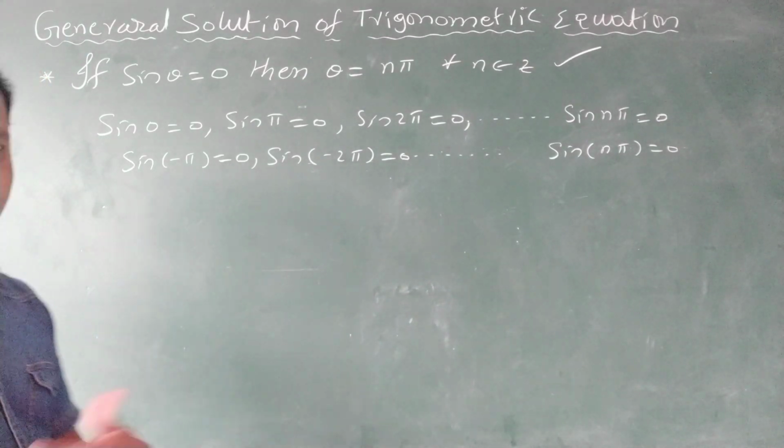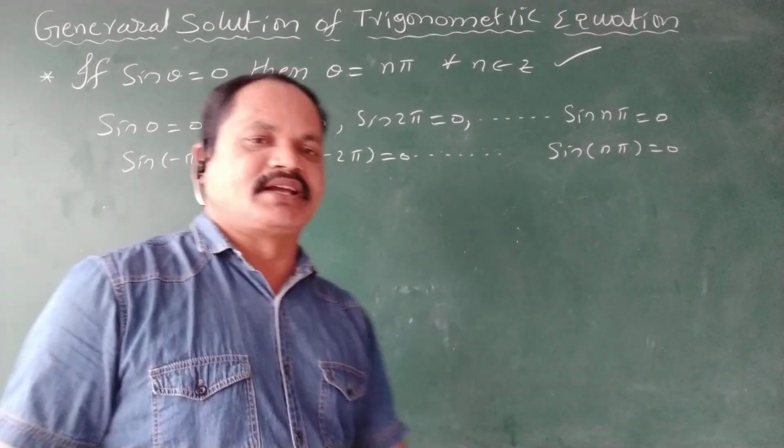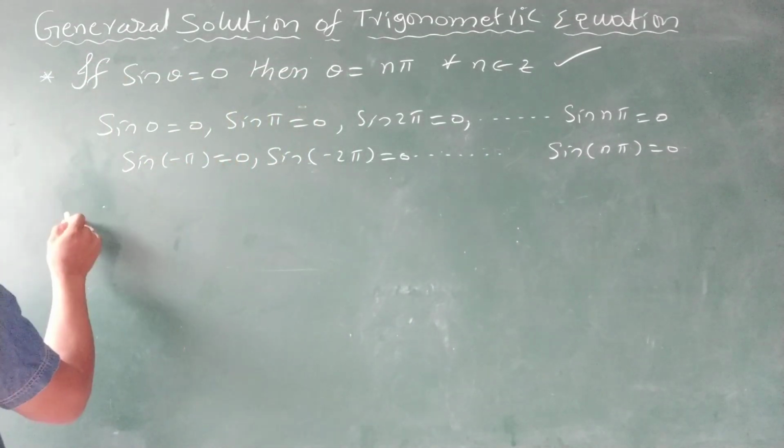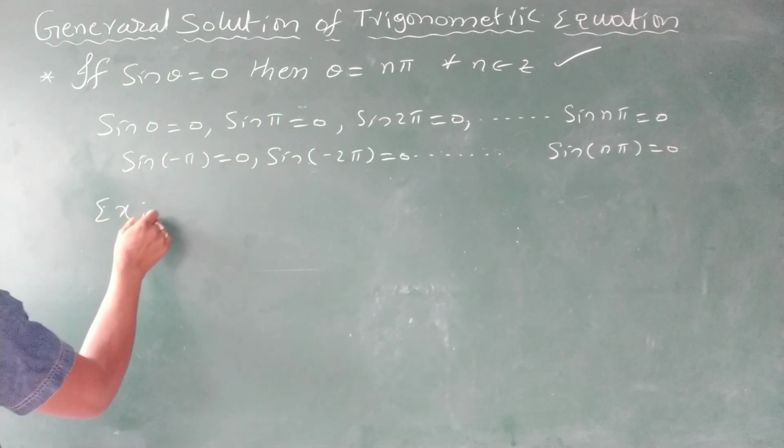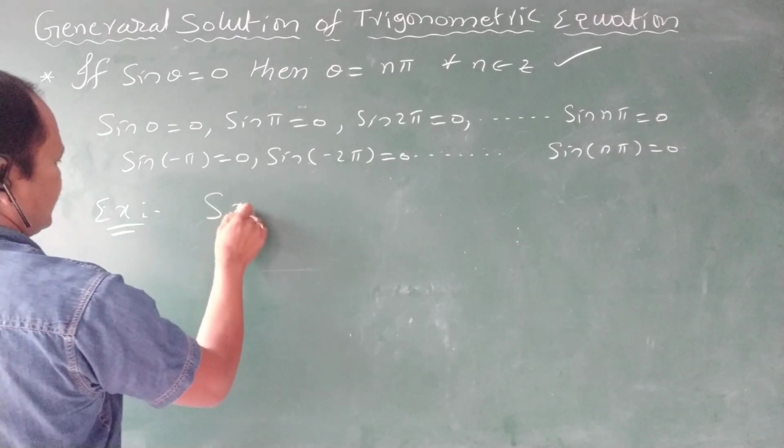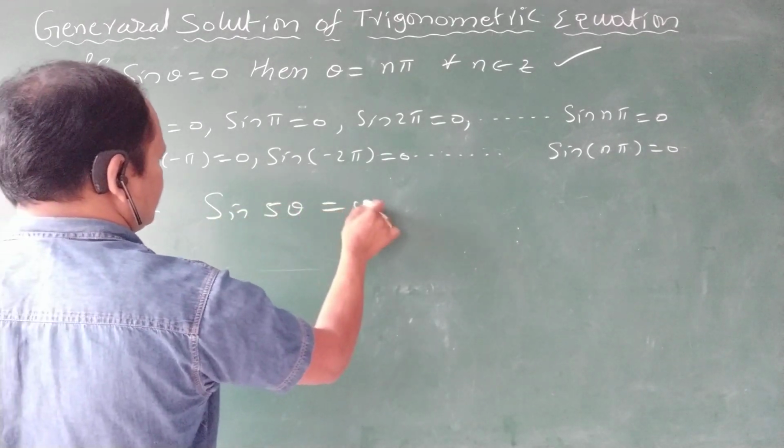For example, take sine 5 theta is equal to 0.